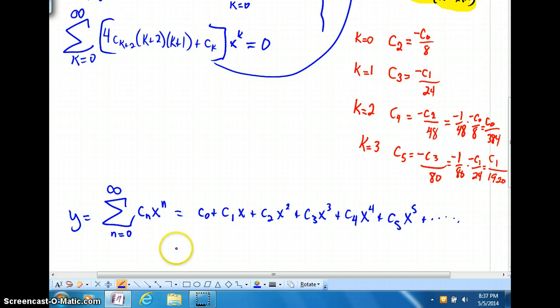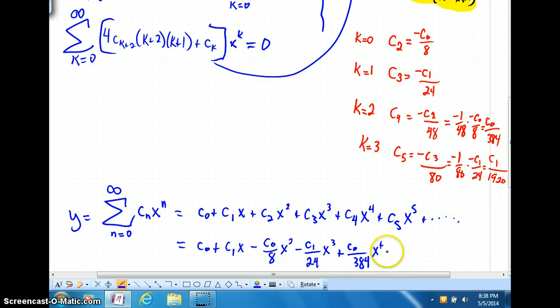But now look what we have just found. We began getting information about c sub 2. So when I see c sub 2, I'm going to replace it with a minus c sub 0 all over 8. With c sub 3, I saw that that was negative c sub 1 all over 24. With c sub 4, we saw it was a positive c sub 0 over 384.